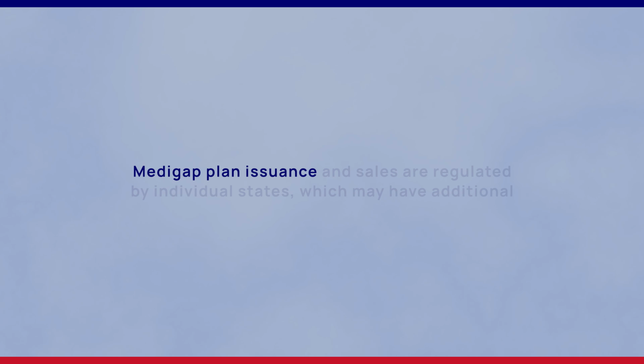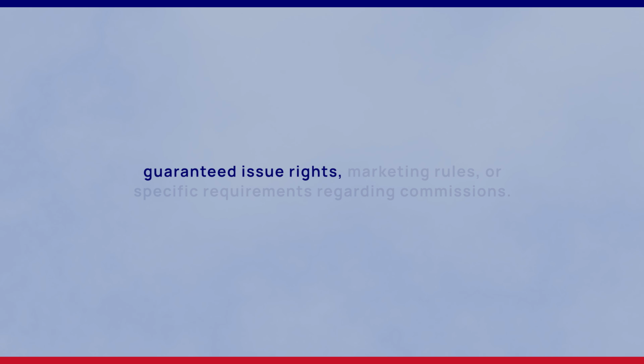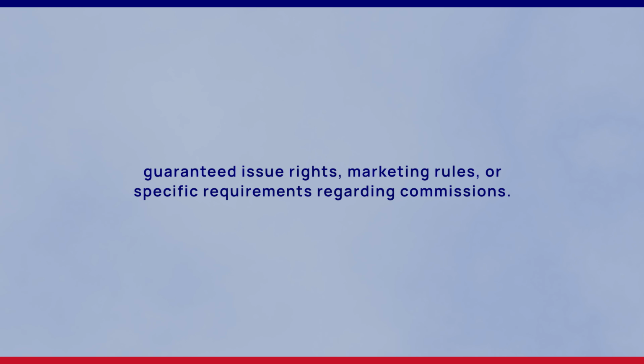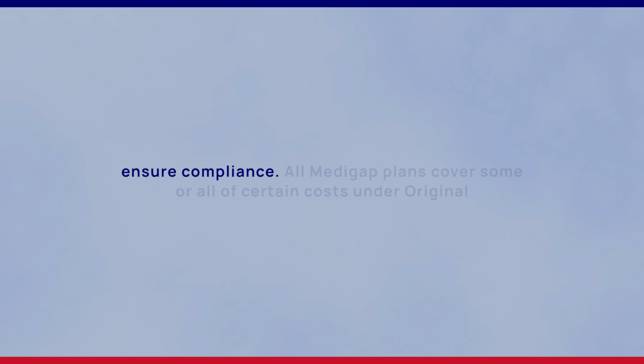Medigap plan issuance and sales are regulated by individual states, which may have additional guaranteed issue rights, marketing rules, or specific requirements regarding commissions. Agents should be familiar with their state's rules and regulations for Medigap sales to ensure compliance.